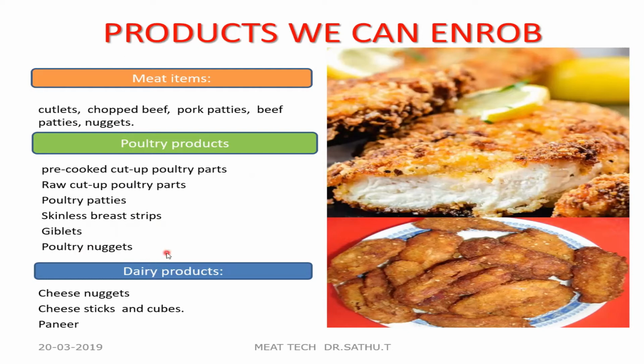Coming to the dairy products, we can enrobe the cheese nuggets, cheese sticks, cubes. Now we are also working with paneer, enrobing of paneer. So we can enrobe different types of products, even the vegetables, the onions, potatoes. This all can be enrobed.